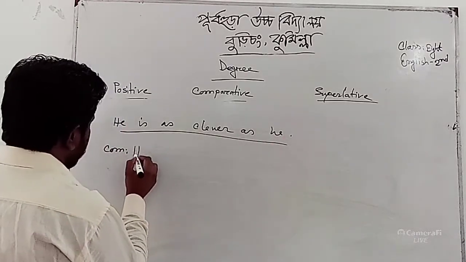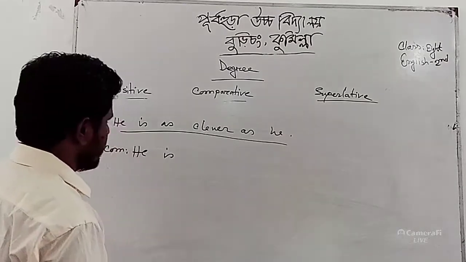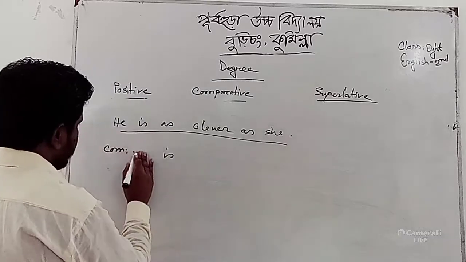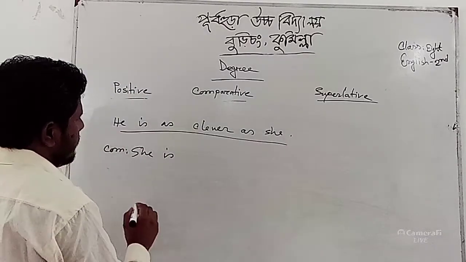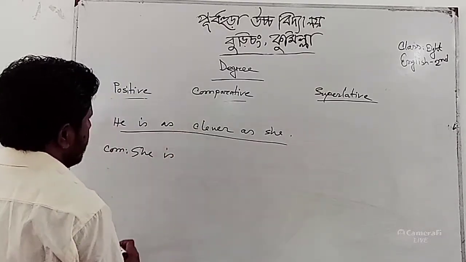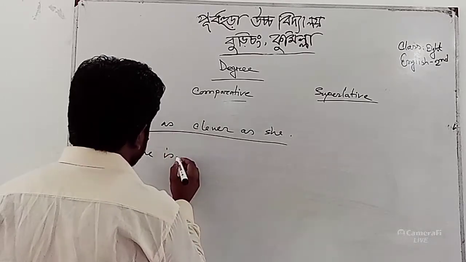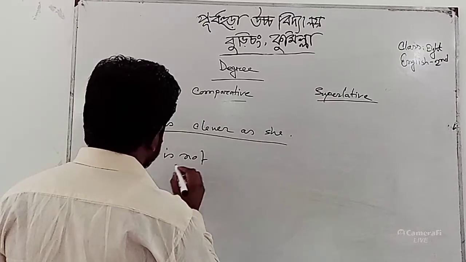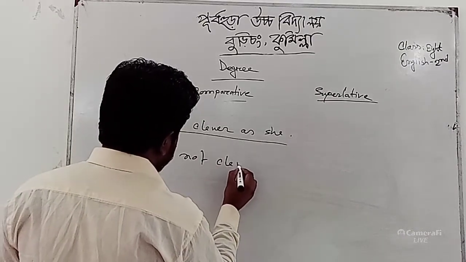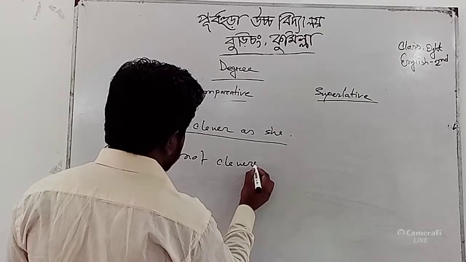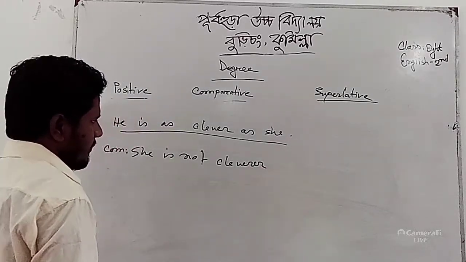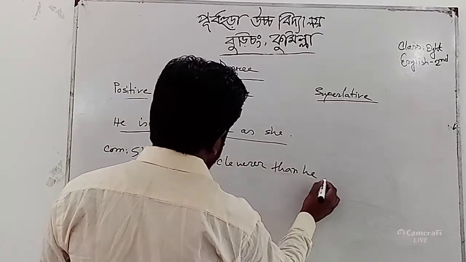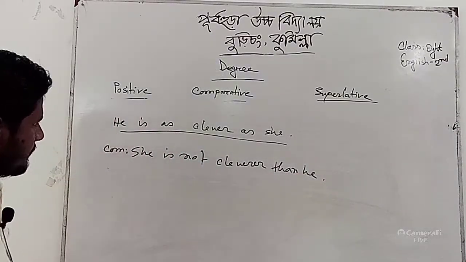Okay, the second subject will remain, he is as clever as she. We can write she is, and then the degree, as the positive is affirmative, then the comparative will be negative. She is not cleverer than he. This is the criteria.